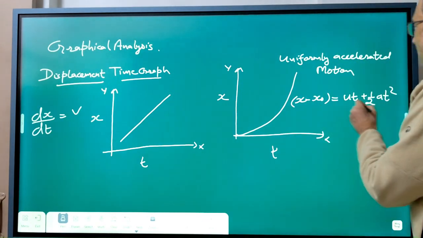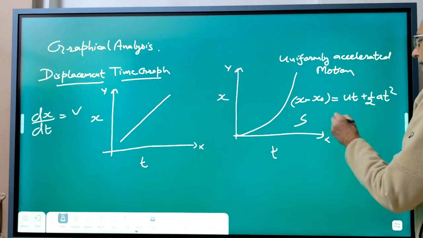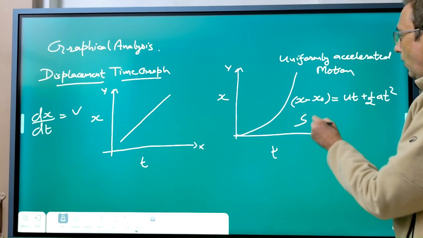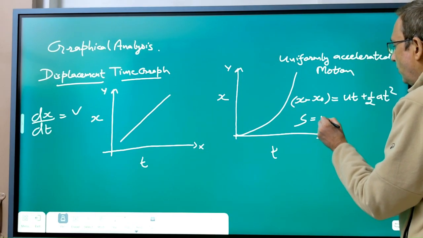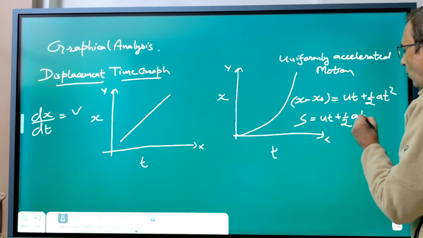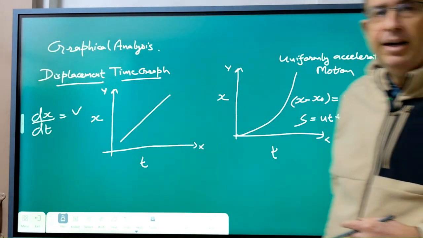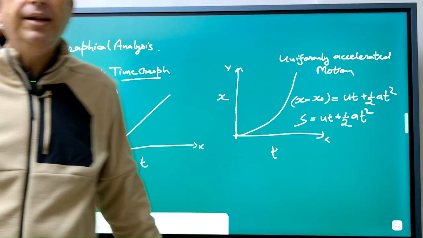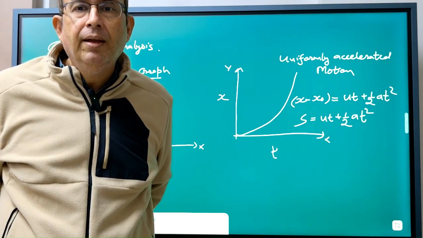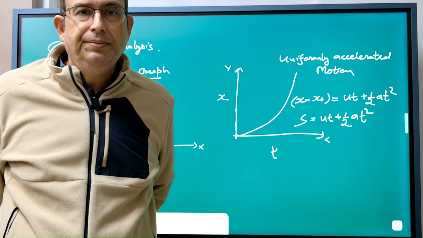If you see from this equation, the displacement s is related to time in a quadratic fashion. So s is ut plus half at square. Basically, if the acceleration is time independent, then this is nothing but a quadratic equation.